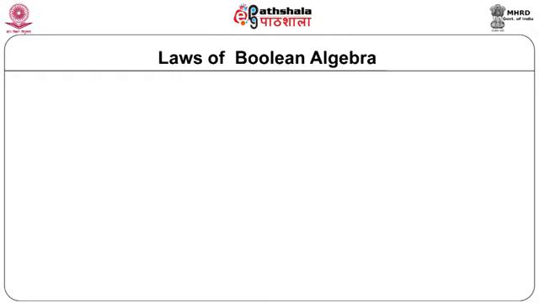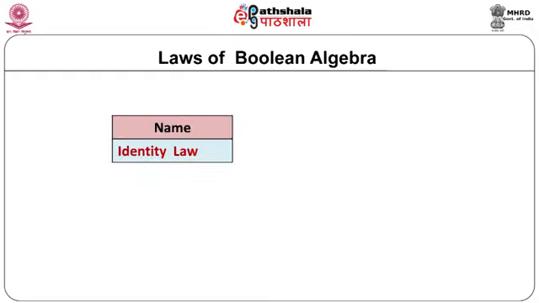Let us start with identity law in both product and sum form. Law 1, A and 1 is equal to A, that is a variable ANDed with 1 is equal to the variable itself. Since Boolean algebra has only 2 elements, we can show the validity of these theorems by using truth tables.